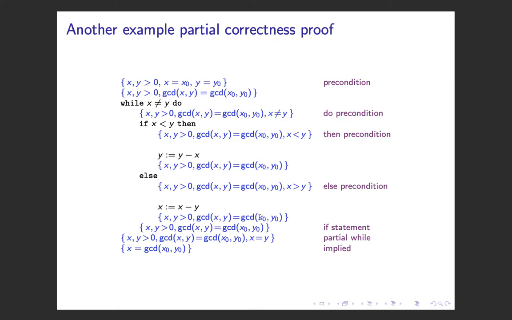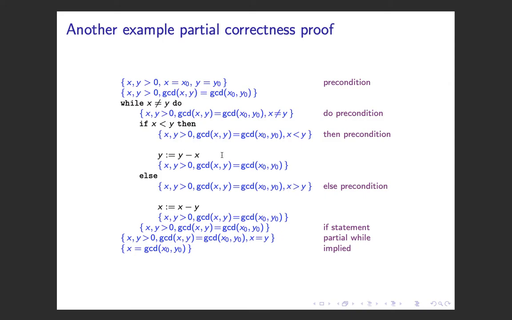We then have that condition together with the test, that's x is less than y, being false. So that gives us this statement. So at the end we have x is not equal to y, and where I'm showing you x is greater than y, this is really saying x is not equal to y.